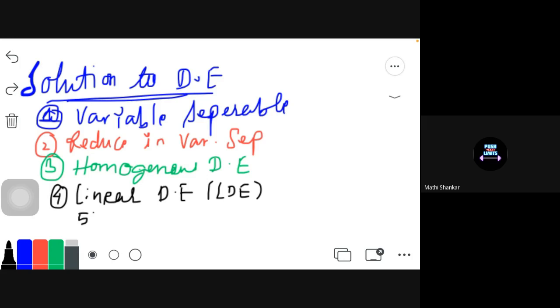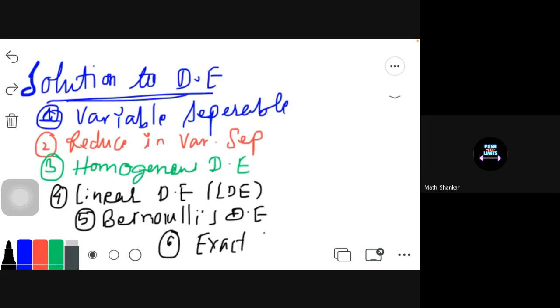Then you have Bernoulli's differential equation. Then you have exact differential equation.